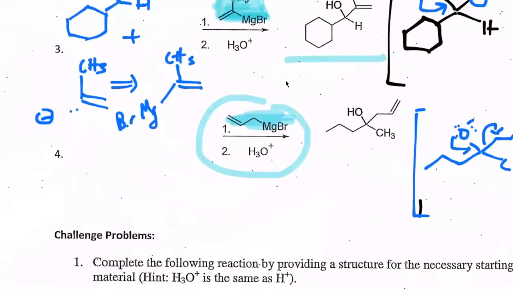So I'm ending up with a ketone that looks like this, plus that, which eventually becomes my Grignard.